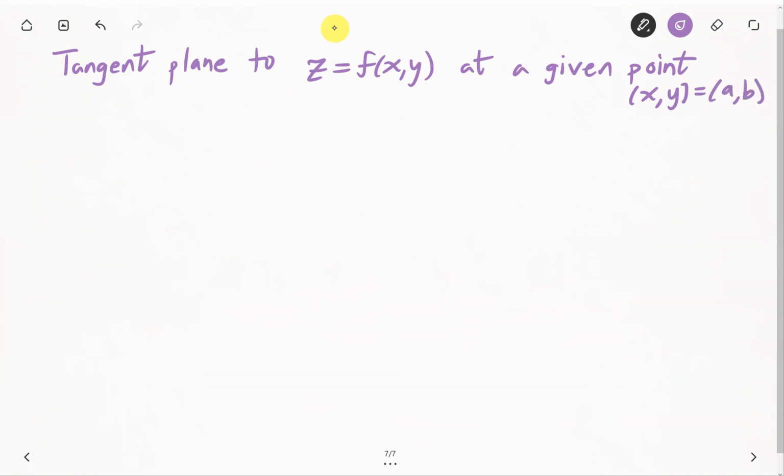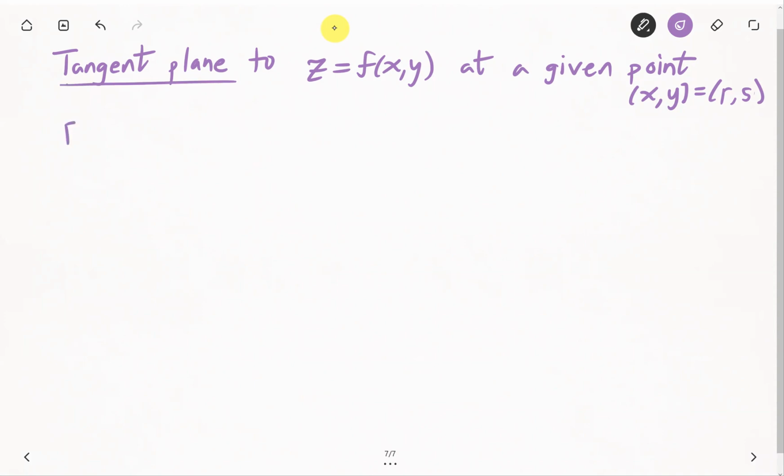Oh, let's not call them a and b. I'm about to use those letters for something else. Sometimes picking letters is hard. Let's say R and S. And so if someone gives you 2 values to plug in for x and y, can you calculate the equation of a tangent plane?